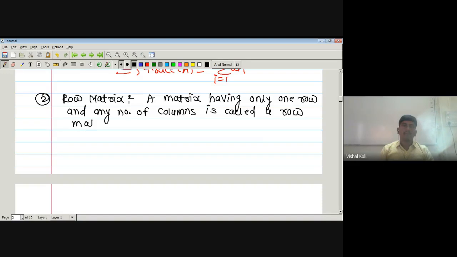Okay, so any matrix A is said to be a row matrix if there is only one row in that matrix and any number of columns. That is, there is no restriction on the number of columns, but here we have to take only one row.